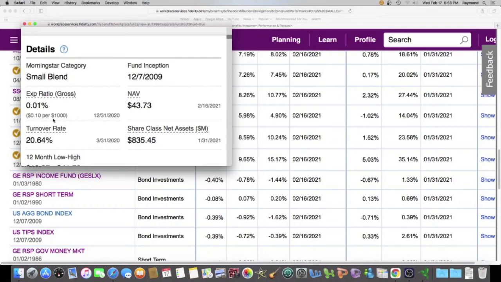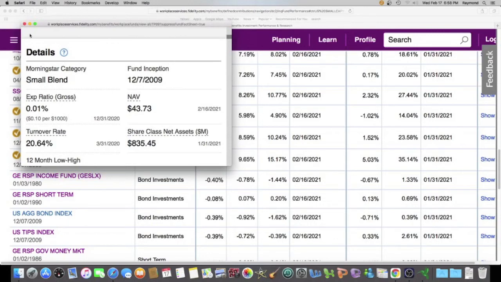For this fund that I'm in, the fee is 10 cents per $1,000. So in this fund, I have over $100,000. So that means that my fee for being in this fund is $100. So 10 cents times $100,000 will give you $100. So that's pretty good. This is a really low number, 0.01. You want a very small number when you're deciding what you want to invest in, and that's what I did.